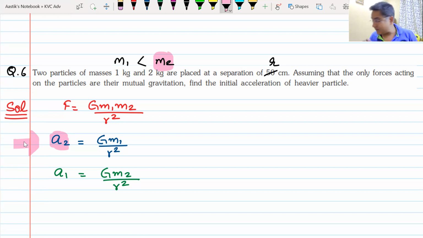Now, what is gravitational field? Anyone, any idea? What do you mean by gravitational field? Ever heard this term? If you have heard, what do you mean by this?